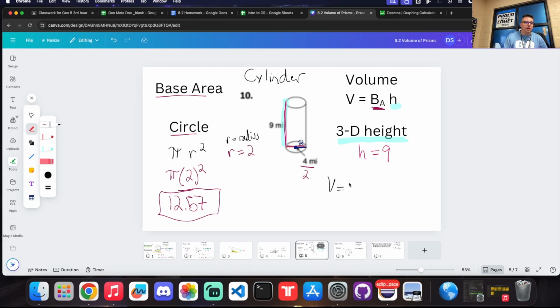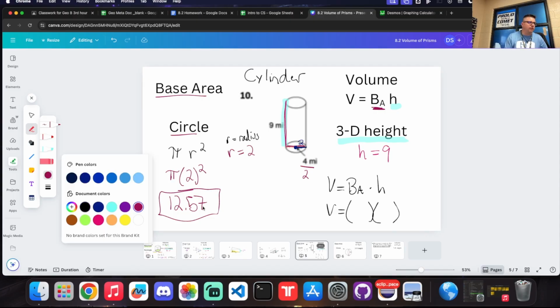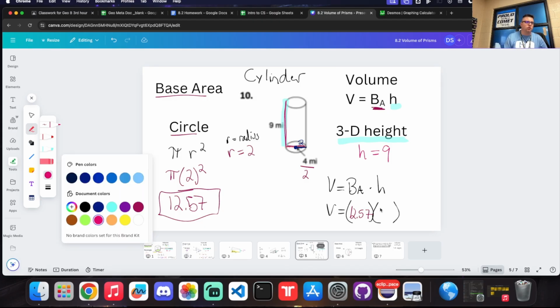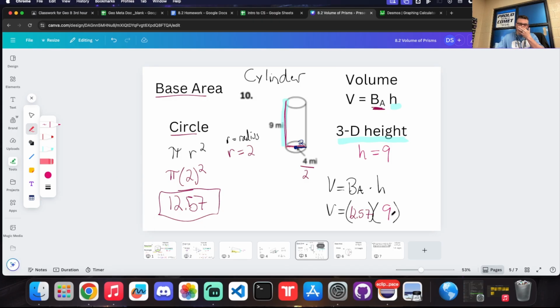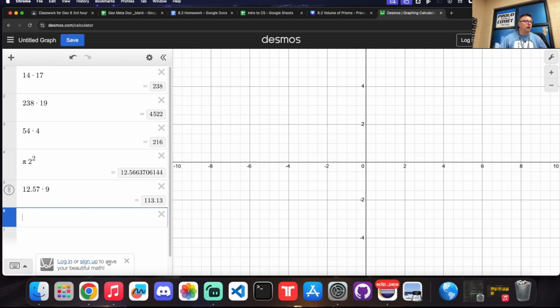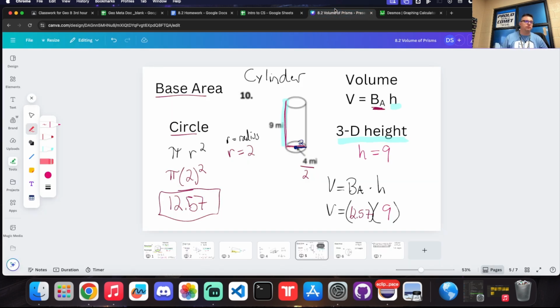So our volume equals base area times the height. The base area is going to be 12.57. And my height is going to be 9. And we're going to get 113.13.